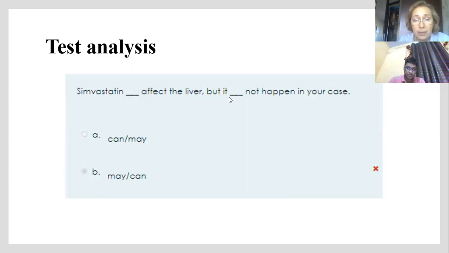And he emphasizes that it will not happen in your case. That is why may, which expresses stronger possibility, should be used in the second part of the sentence. So simvastatin can affect the liver, but it may not happen in your case. Is it clear? Yes, ma'am.